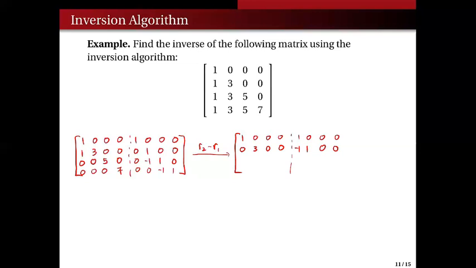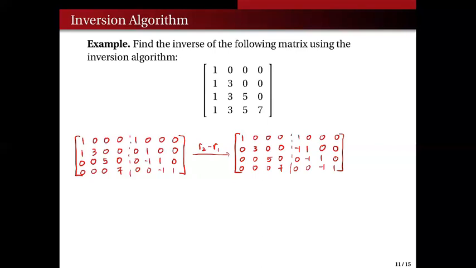Row 3 and row 4, you just copy. 0, 0, 5, 0. 0, negative 1, 1, 0. Here you have 0, 0, 0, 7. 0, 0, negative 1, 1. Okay?